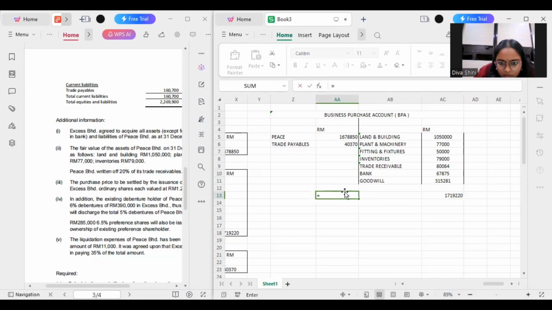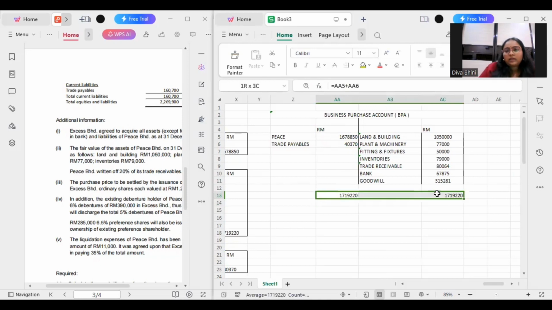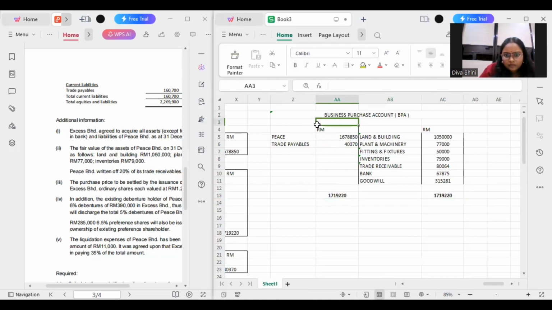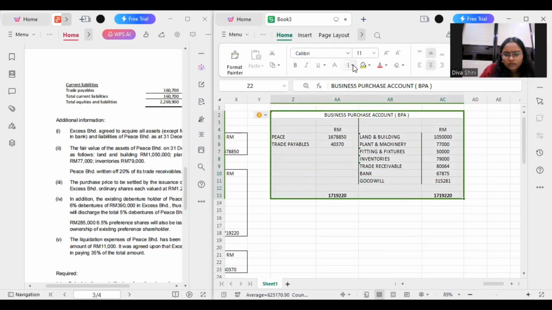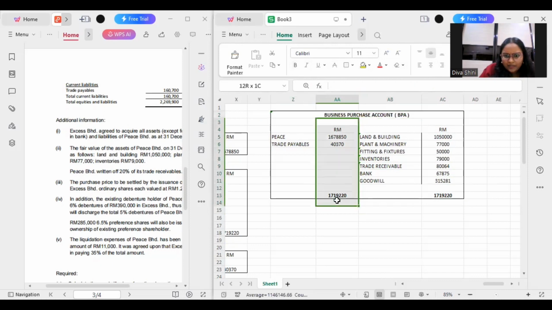So for here, okay, the BPA had been tally. So after the BPA, the last calculation is SOFP.